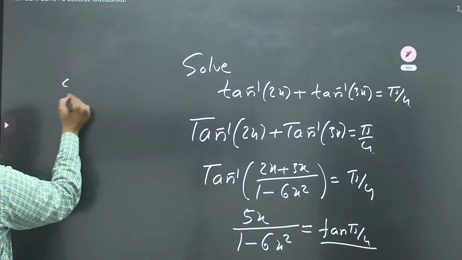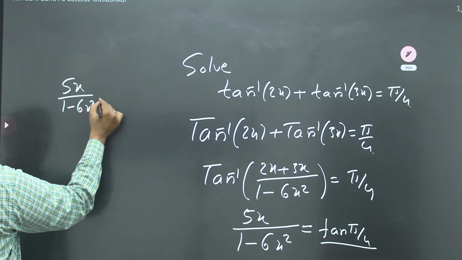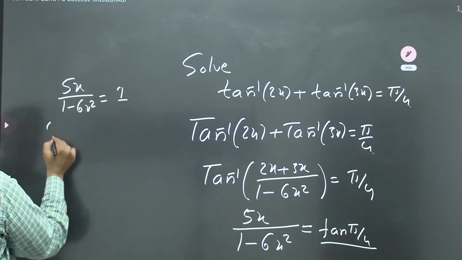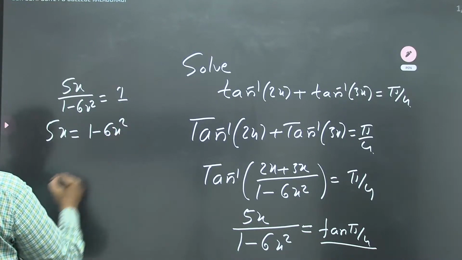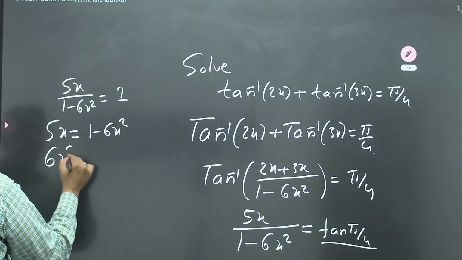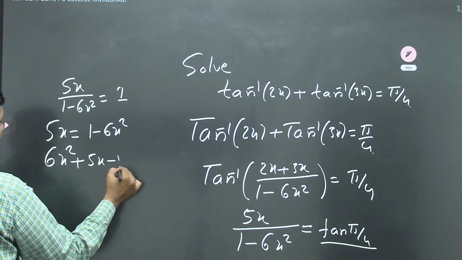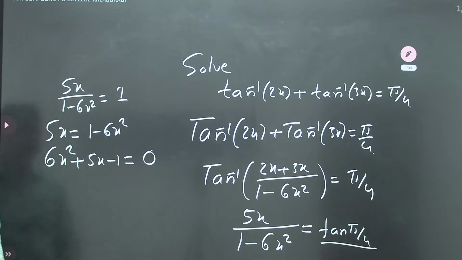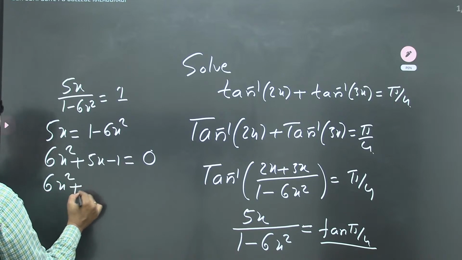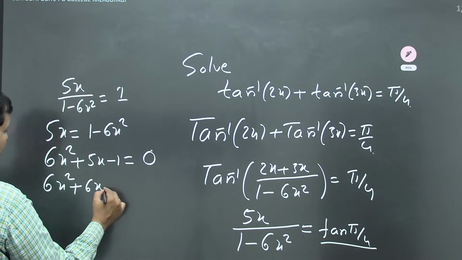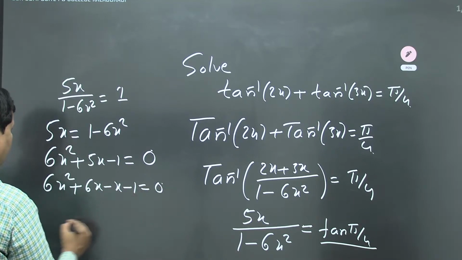Therefore, 5x by (1 minus 6x square) equals 1, or 5x equals 1 minus 6x square, or 6x square plus 5x minus 1 equals 0, or 6x square plus 6x minus x minus 1 equals 0.